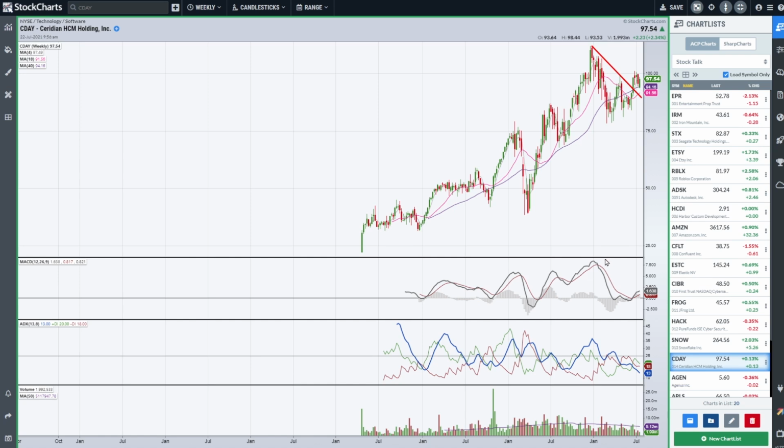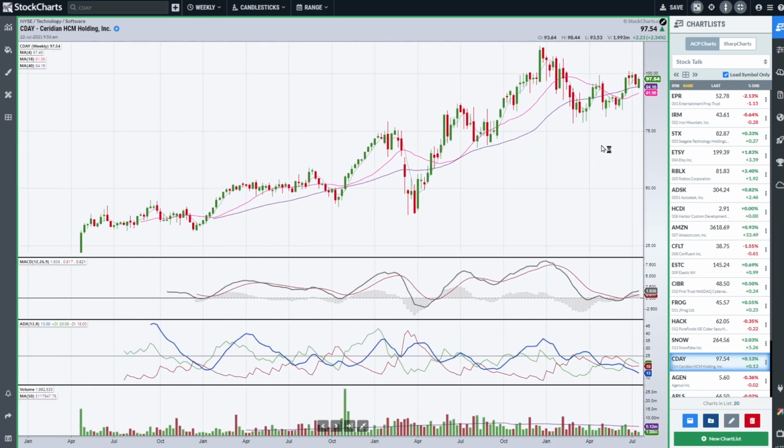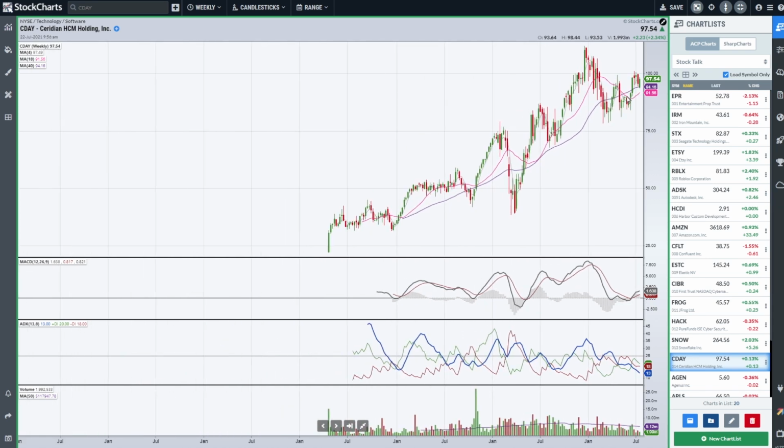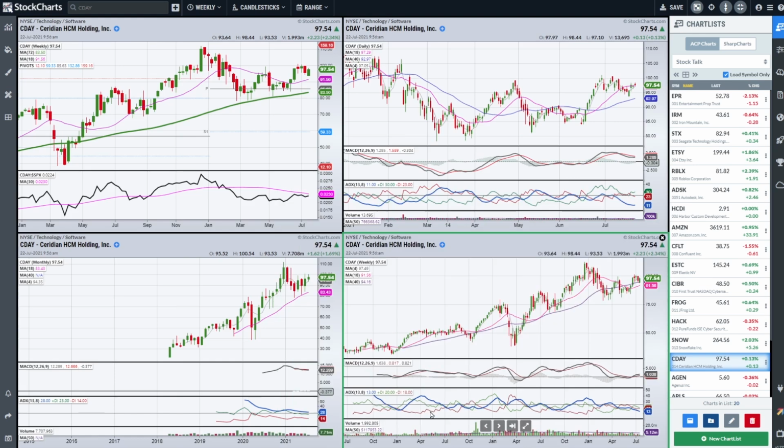I brought this up a couple times, and notice how the MACD is cupping around at the 0 line, and we have low ADX. So, you know, I'm always on the lookout for this if we can find it, because you've got the monthly chart in an uptrend, and now what we're trying to do is get back up above 100, the big round number, and kick in the weekly trend to get back in line with the monthly trend.